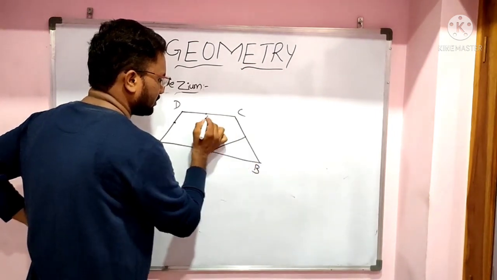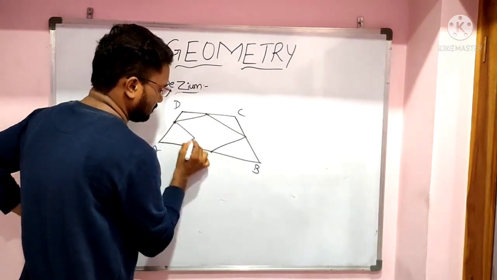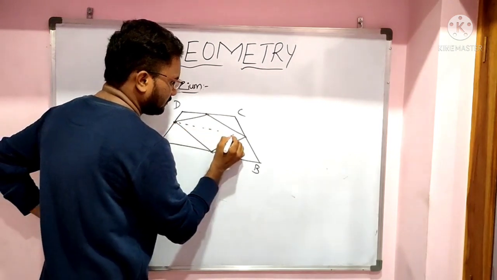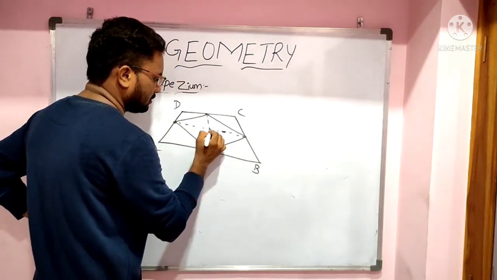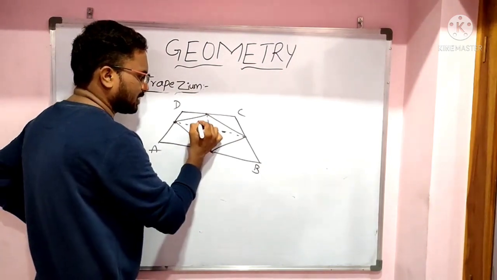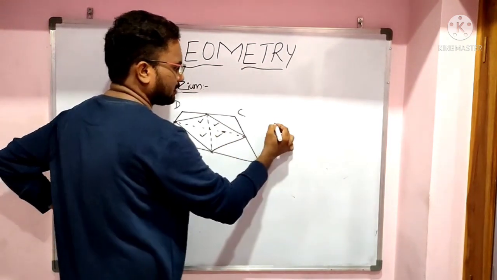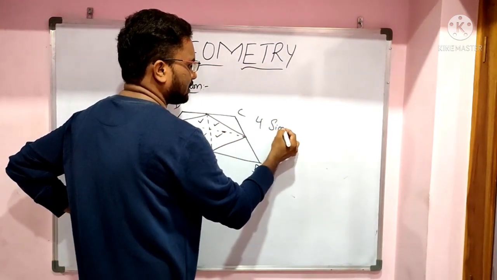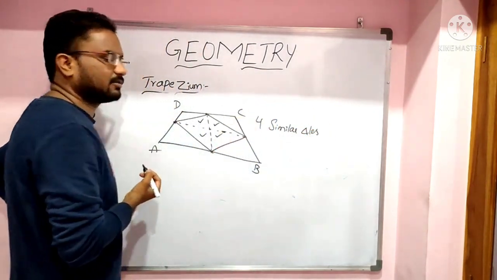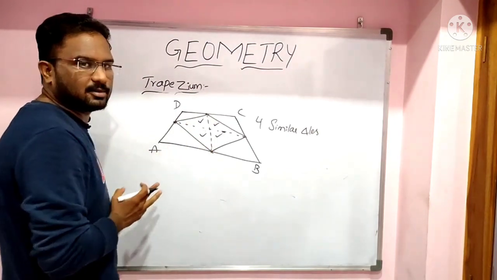If all these are joined, then the figure formed will have 4 similar triangles. That means this triangle, this triangle, this triangle, and this triangle all are similar.